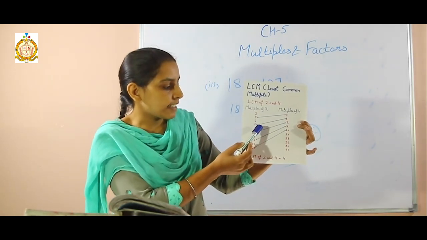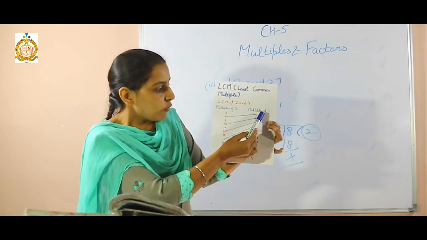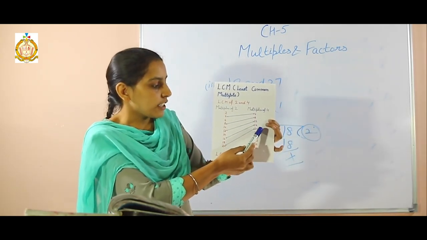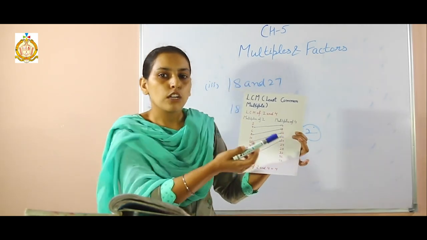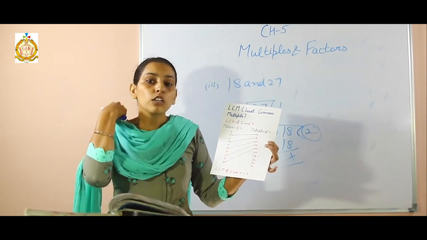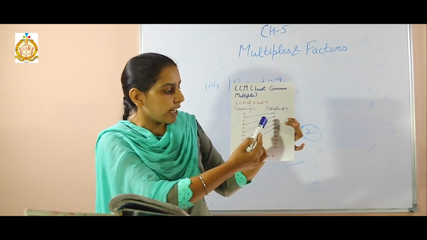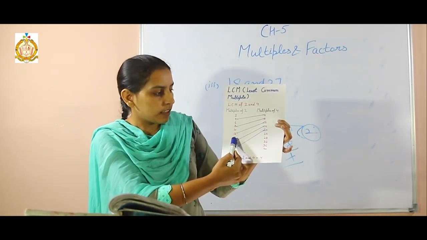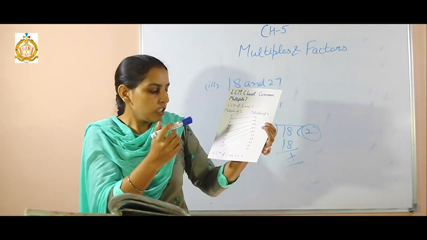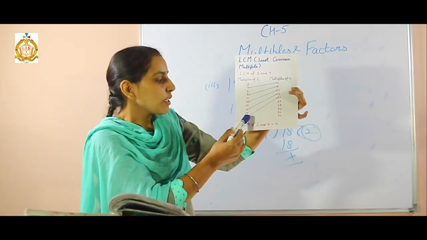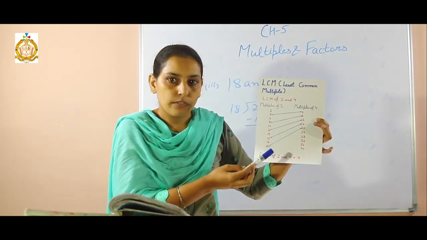2, 4, 6, 8, 10, 12, 14, 16, 18, 20 are the multiples of 2. 4, 8, 12, 16, 20, 24, 28, 32, 36 and 40 are the multiples of 4. Now find the common multiples: 4, 8, 12, 16 and 20.